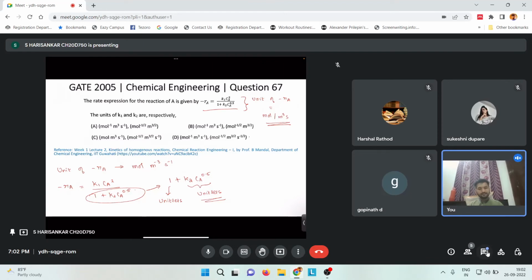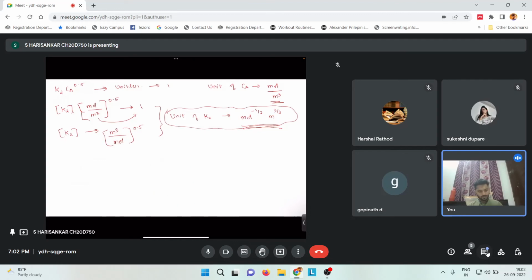So as I said, this whole unit is the reaction rate unit. Unit of minus Ra is equal to K1 Ca square by 1 plus K2 Ca raised to 0.5. This whole unit has to be mole per meter cube second inverse. Okay, we just said that this denominator is unitless.